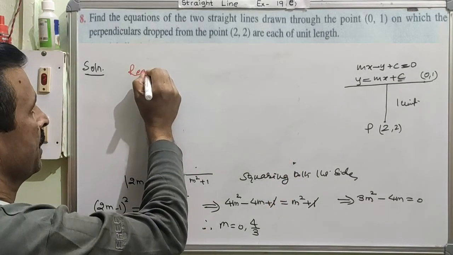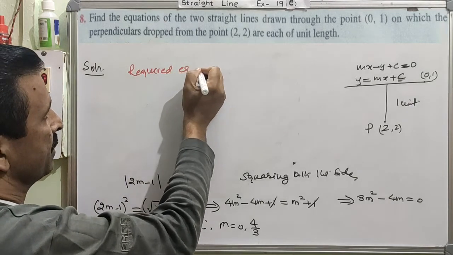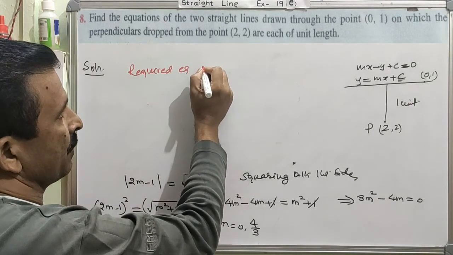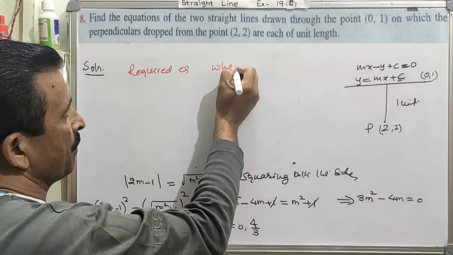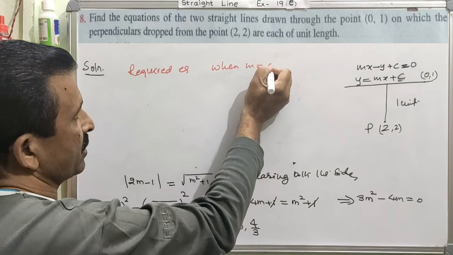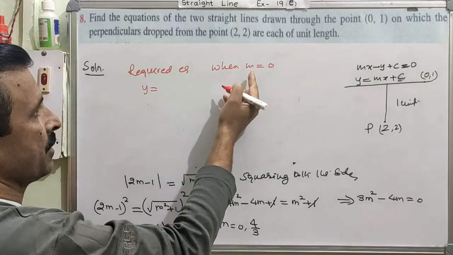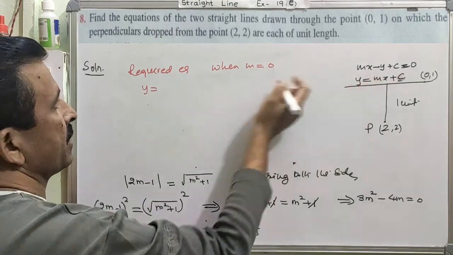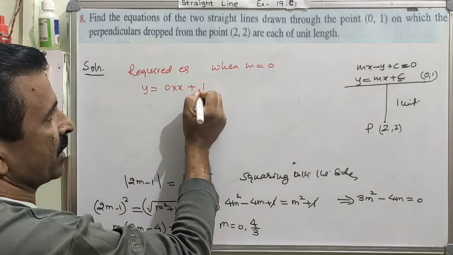Required equations. First of all, when m is equal to 0, your equation will be y is equal to m into x, that is 0 into x, and c you calculated was 1.